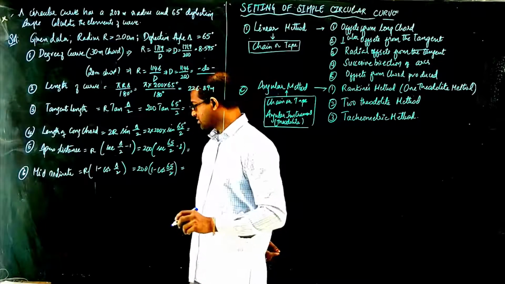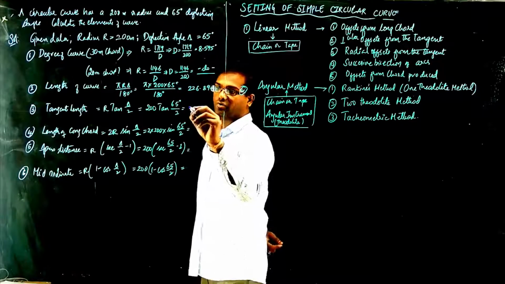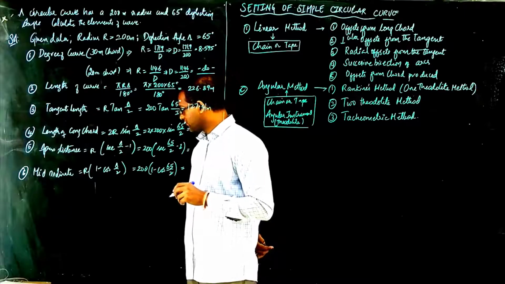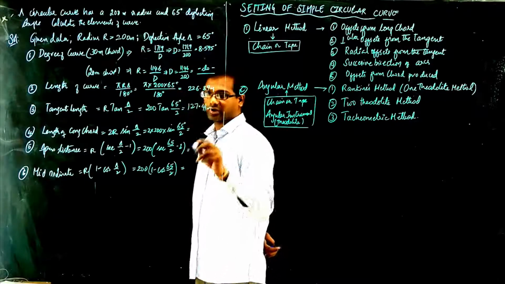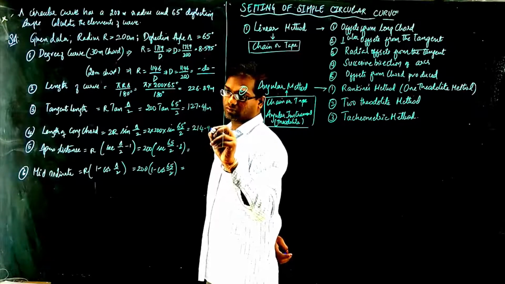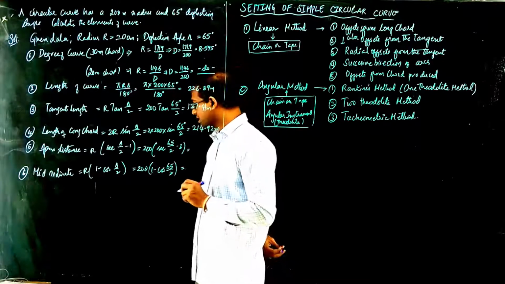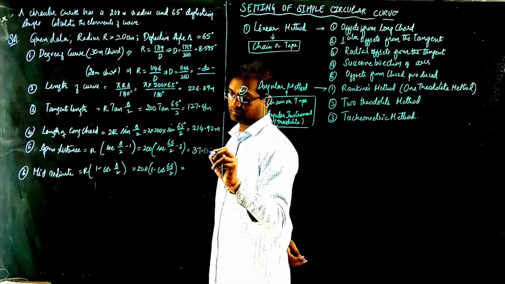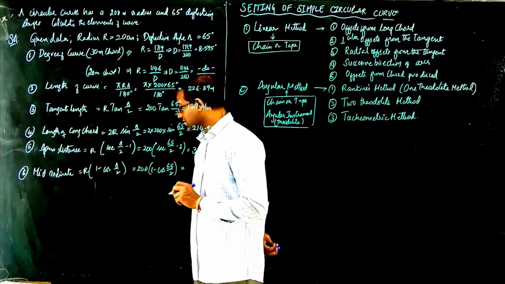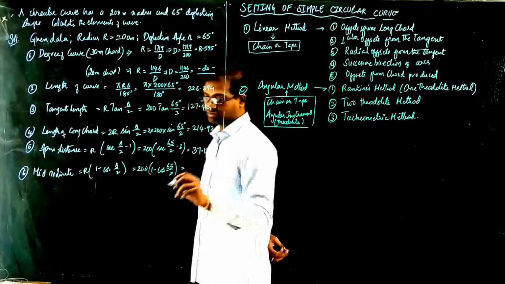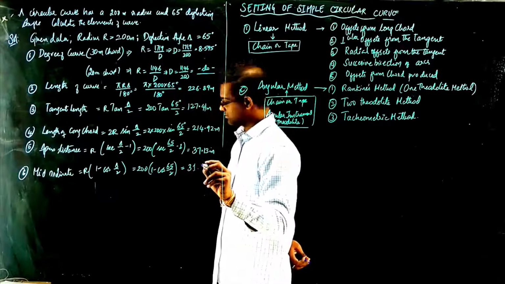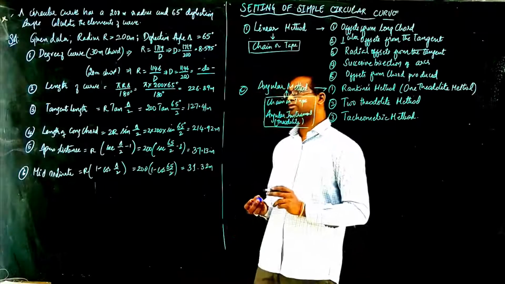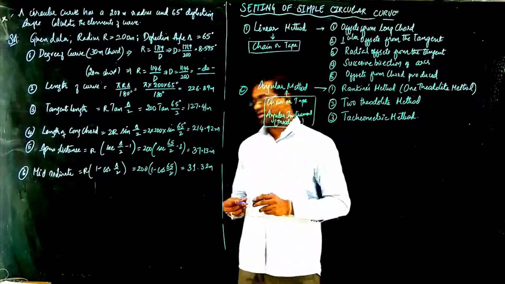The tangent length you will get as 127.41 meters, the length of long chord as 214.92 meters, the apex distance as 37.13 meters, and the mid-ordinate length as 31.32 meters. So these are the elements of the curve which we need to calculate, right? Fine.